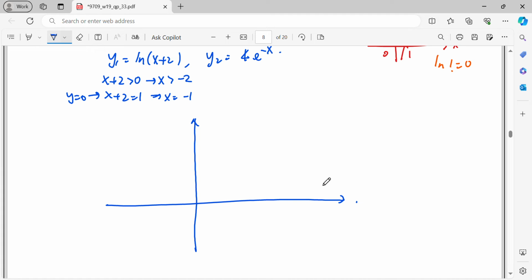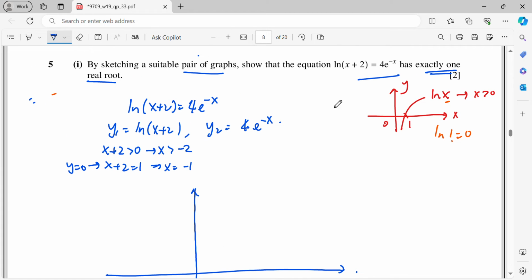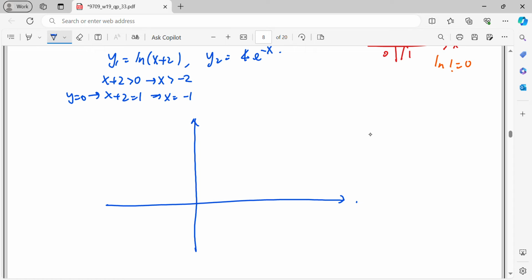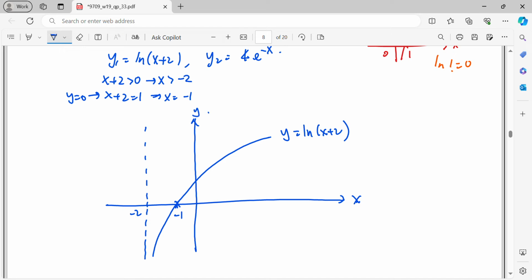So here, when x is minus 1, I get 0. It is greater than minus 2. So this is my graph, y equals ln of x plus 2. You can also find out when x equals 0, this is ln 2. Okay, done for the first graph.